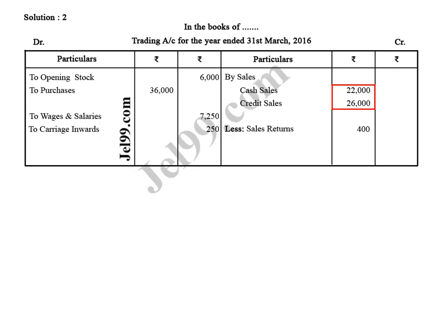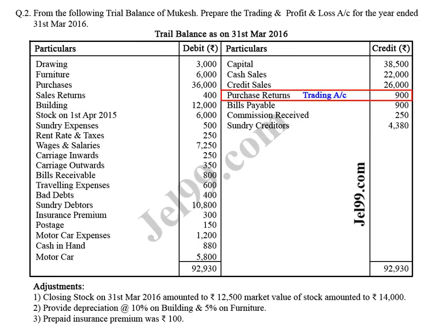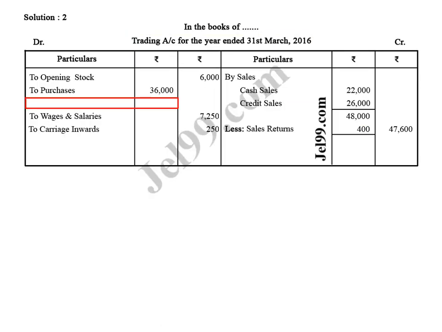So 22,000 plus 26,000 is equal to 48,000, and less sales returns of rupees 400, so 48,000 minus 400 is equal to 47,600. Then purchase returns of rupees 900, this is shown in trading account, debit side, under the heading of to purchases as less purchase returns of rupees 900, so 36,000 minus 900 is equal to 35,100.